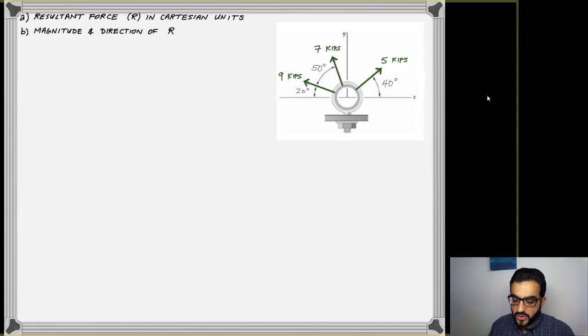So for part A, Cartesian units means that we need to represent R in terms of its x and y components in the i and j directions. So R as a vector force is equal to Rx in the i direction plus Ry in the j direction.